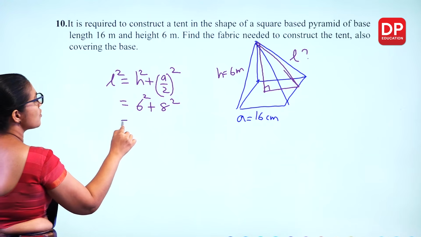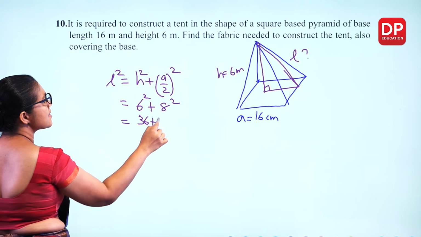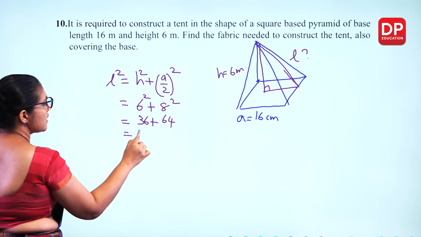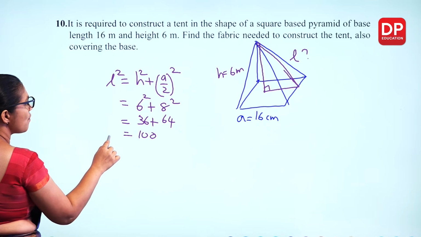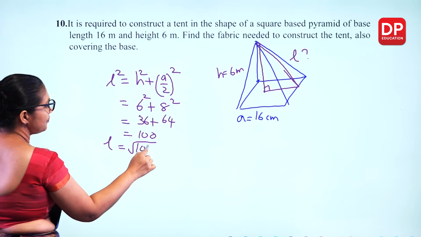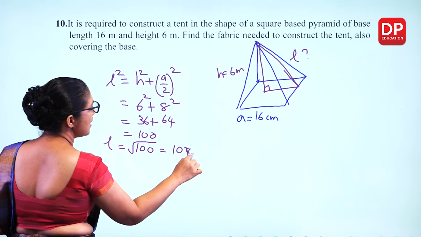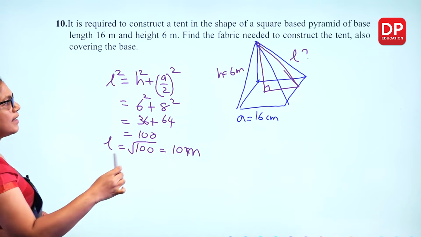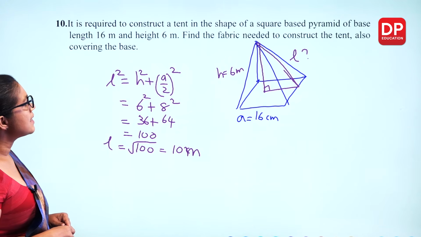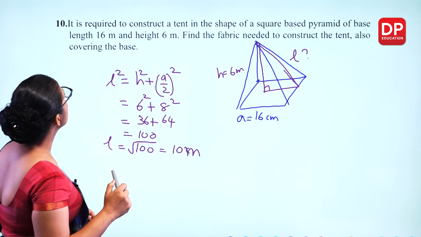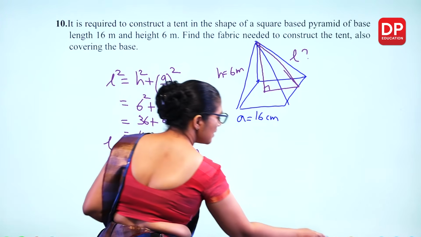So 8 squared. So 6 squared is 36 plus 64. You get 100. Square root of 100 is 10 meters. So here length L is 10 meters. Here this is also given in meters.